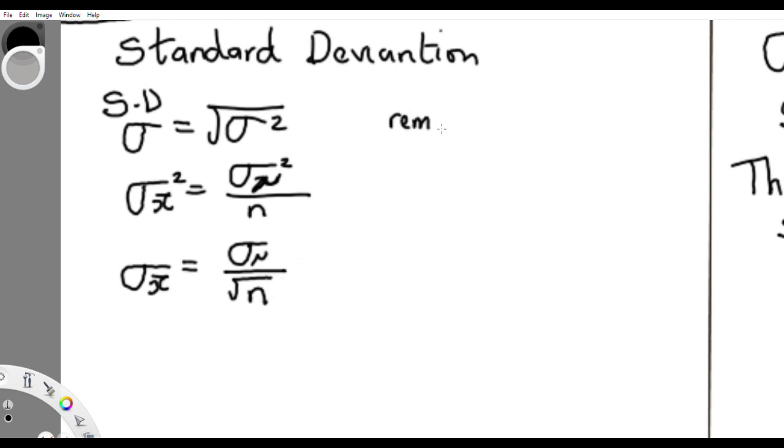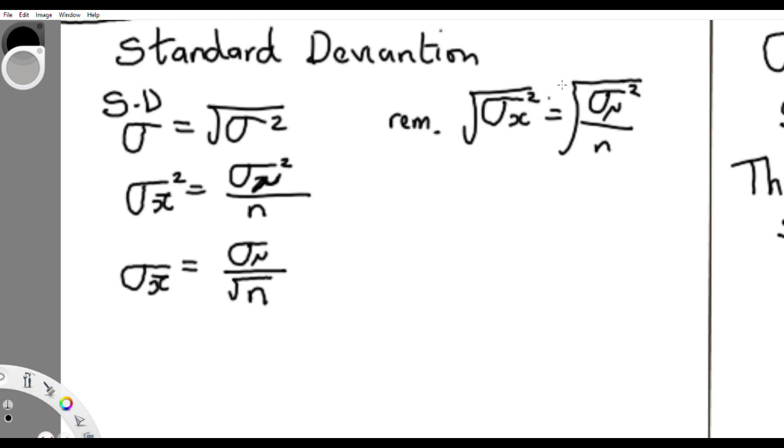Remember that standard deviation is the square root of variance. So by the time we introduce the square root, in order to convert it to standard deviation, the square cancels the root. That root covers only this, not everything, because remember, you can change it to this, still the same thing as what we already have.